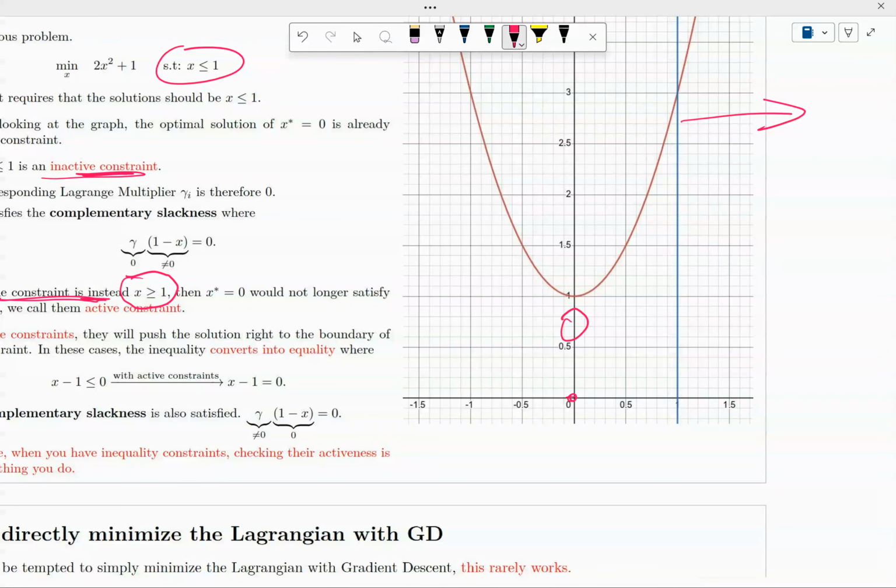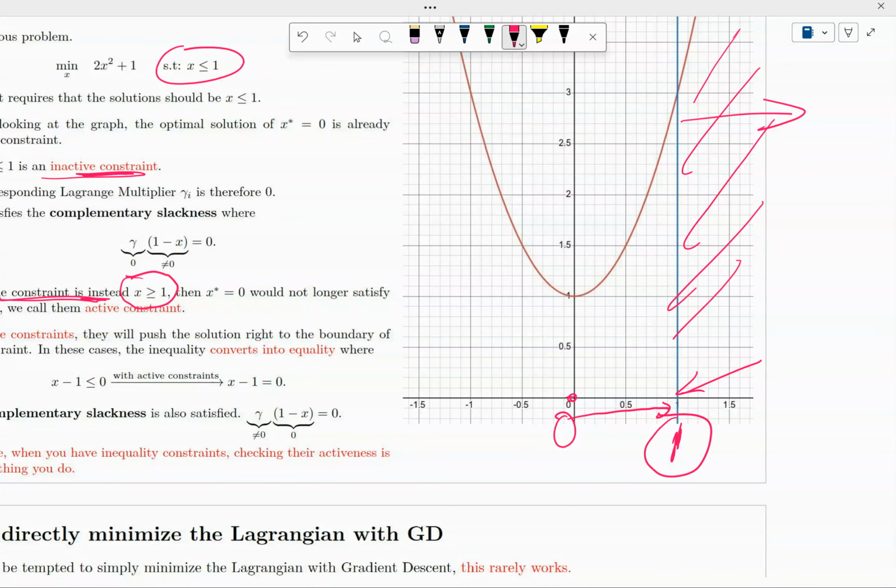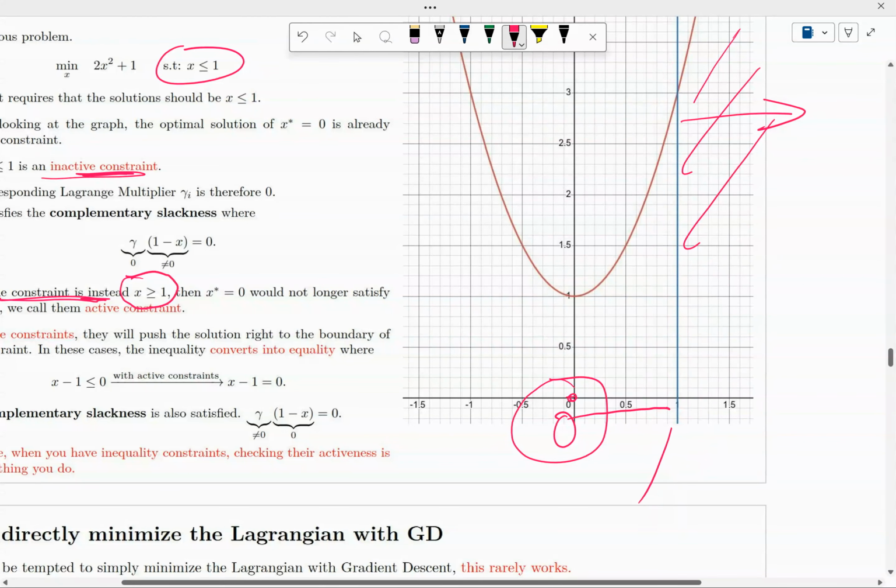And the nearest solution, right? Zero is the previous one, and the nearest one is at this location, one. So when it's activated, that's also easy. The optimal solution is the solution closest to the original best solution. And the closest best solution is the activation line, which is one, right?